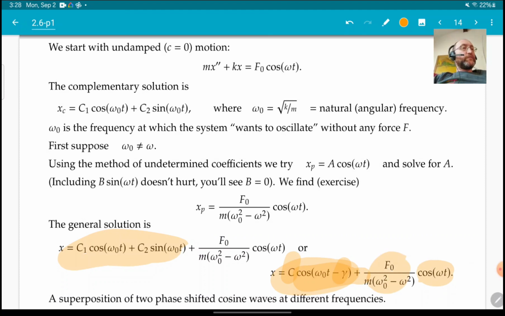So what we have as the solution is two cosine waves at different frequencies and shifted, or possibly shifted. They don't have to start at the same time. Basically, that's what the solution is.